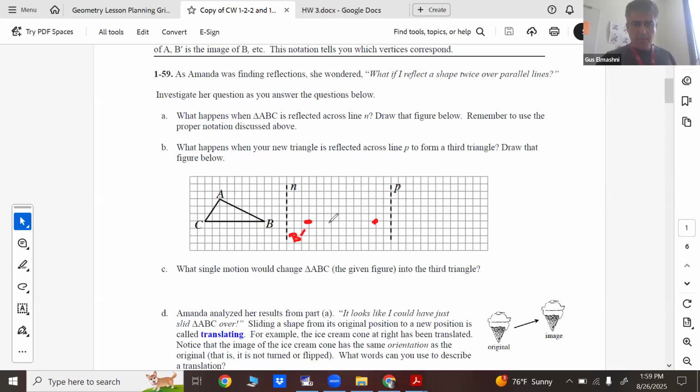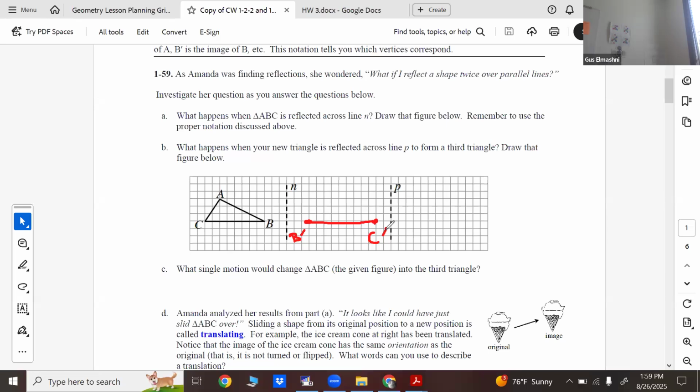Okay. Hold on, Peter. And then you should be able to figure out what to do with A. We look at the first and third images. So what would that be like?